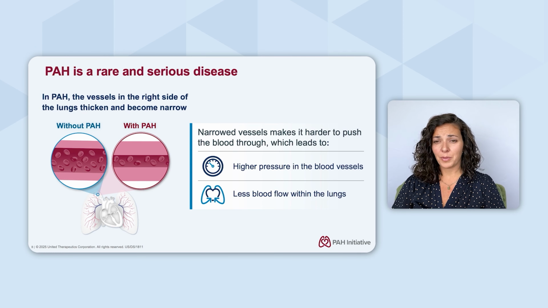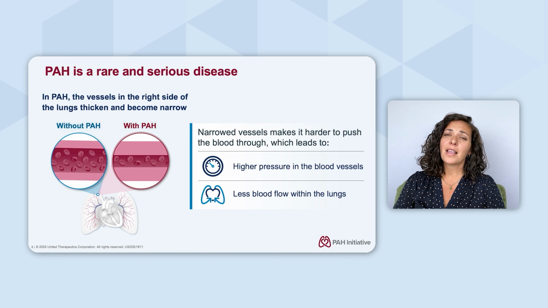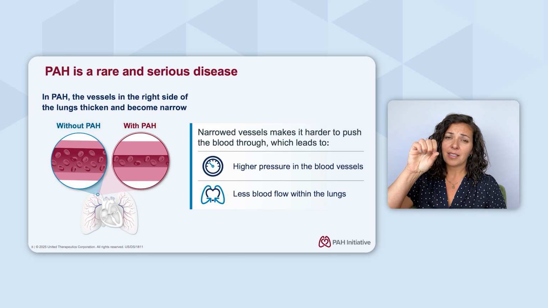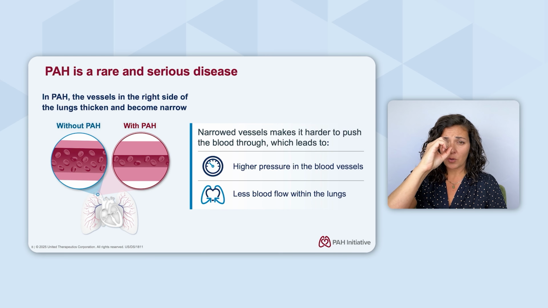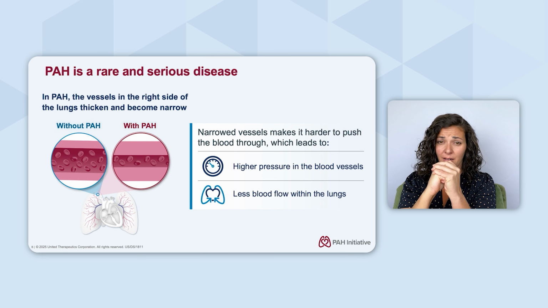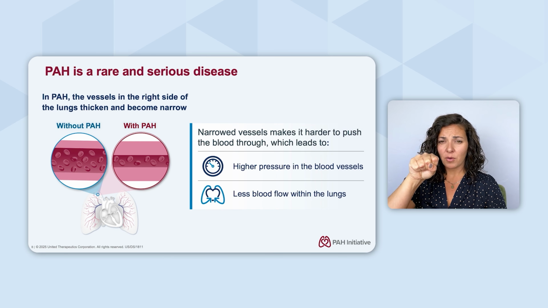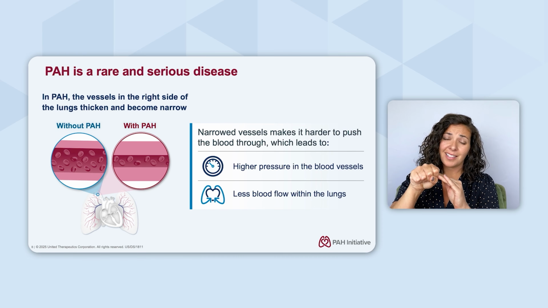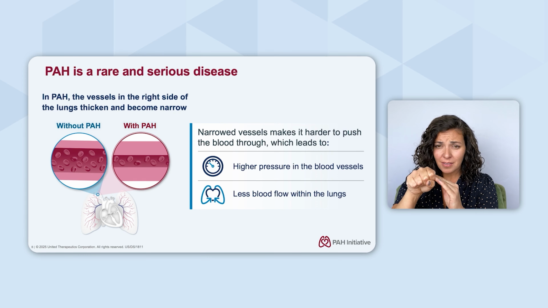Pulmonary arterial hypertension is a disease of blood vessel narrowing. So your blood vessels start to grow in on themselves as well as thicken and squeeze that vessel tighter. So now blood that's moving from the right side of the heart through the pulmonary arteries to the left side of the heart has a harder time doing this.